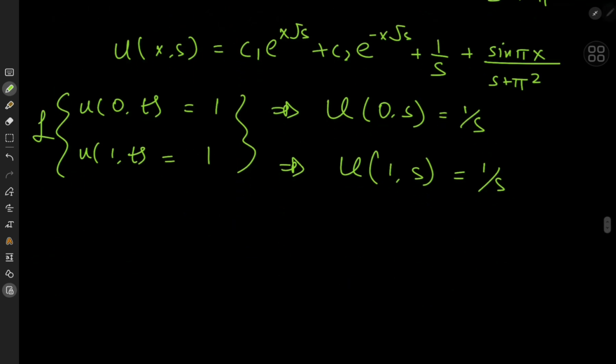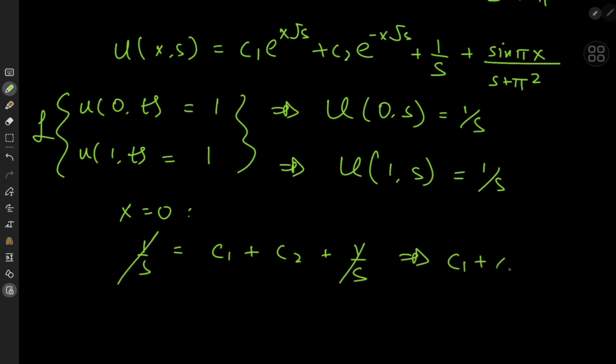So first up, let's make use of the x equal to 0 condition. That gives me 1 by s equal to c1 plus c2 plus 1 by s, and the sine of 0 is, of course, 0. We have some cancellation. This implies that c1 plus c2 equals 0.